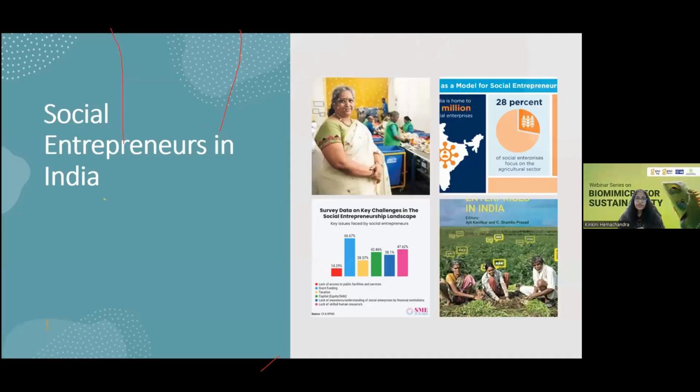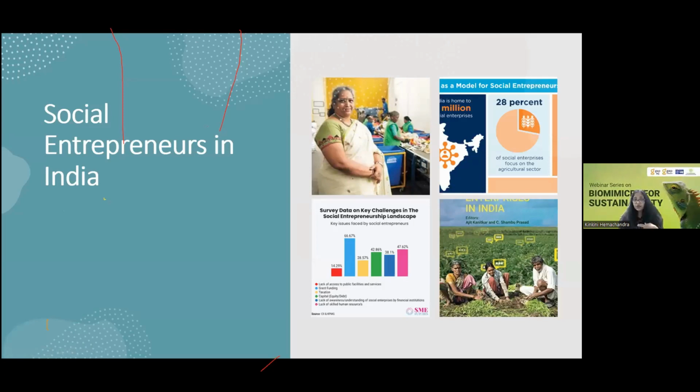And social enterprise in India, as you can see, there are 2 million social enterprises operating in India across different sectors. Agriculture is one of the key sectors. Unfortunately, they are having some key problems, as you can see from this diagram. What are the problems of social enterprise entrepreneurs in India, like grant funding, taxation, capital formation, and things like that.